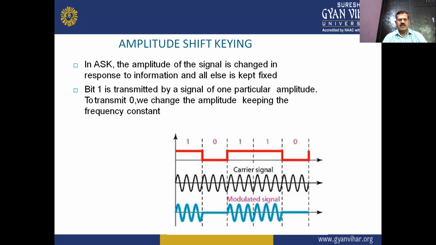We can see this ASK in the given waveforms: the first waveform is the message signal, the second is the carrier signal, and the third is the modulated signal. These waveforms show the amplitude shift keying modulation technique.